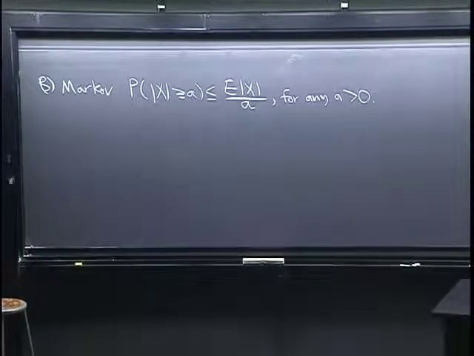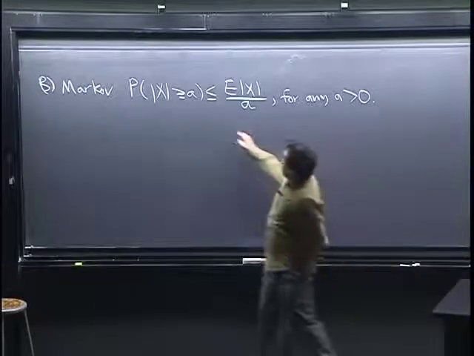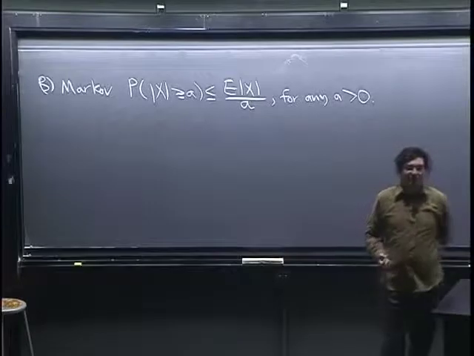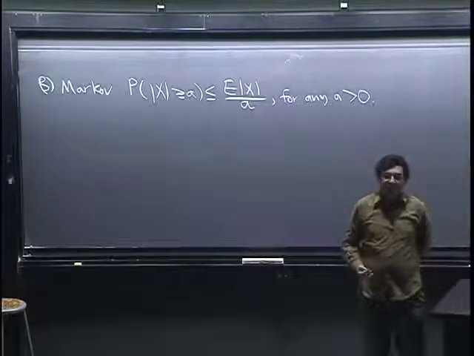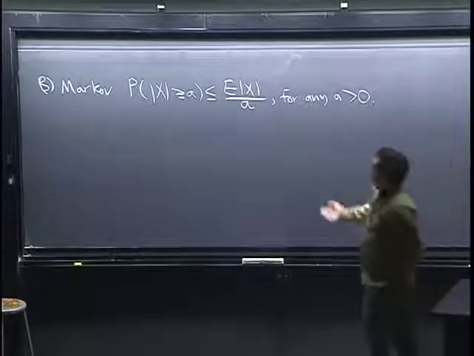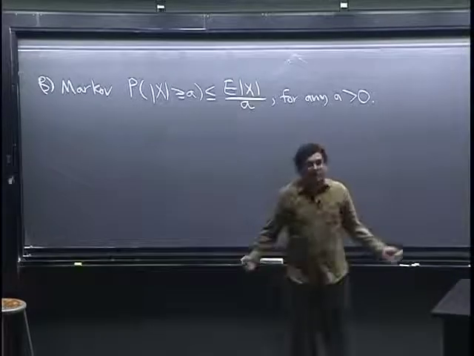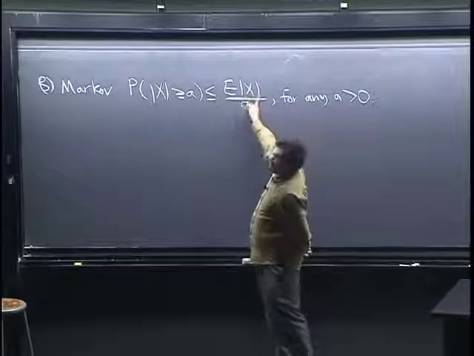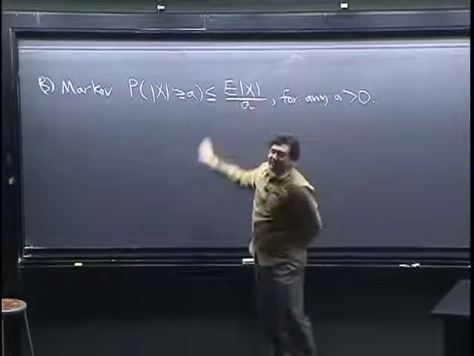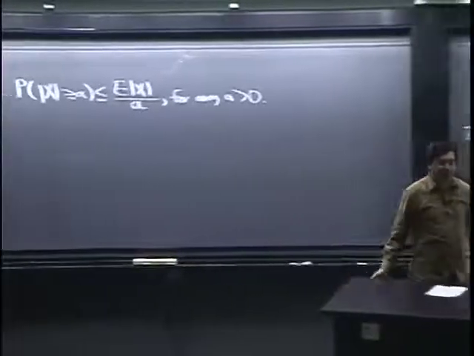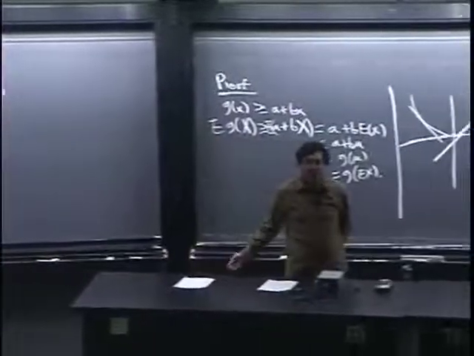So we're going to prove this in a minute. The strength of this inequality is not that it gives a good approximation, it's simplicity and generality. This is completely general for any random variable. Of course, you could have a random variable where this is infinity, and that's a pretty bad inequality, a probability less than or equal to infinity, okay, but it's still true.